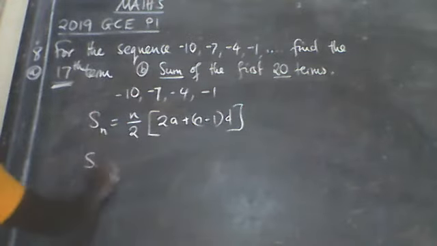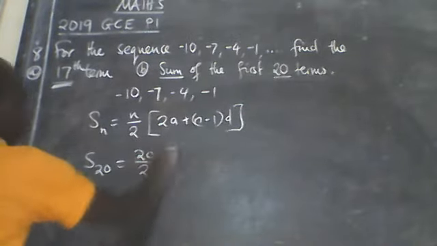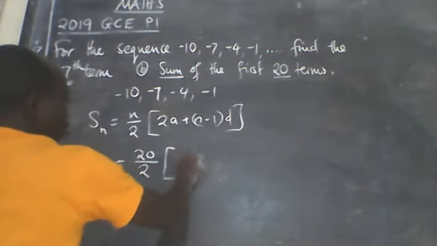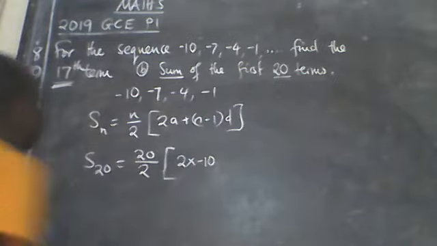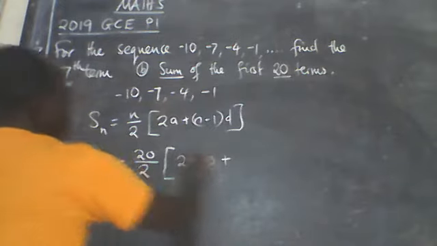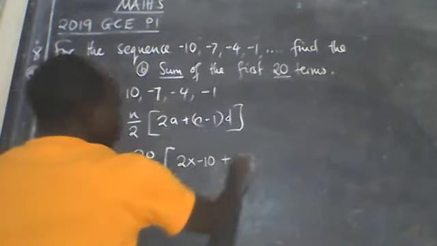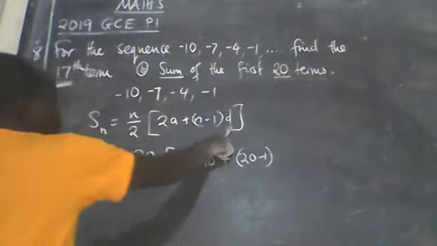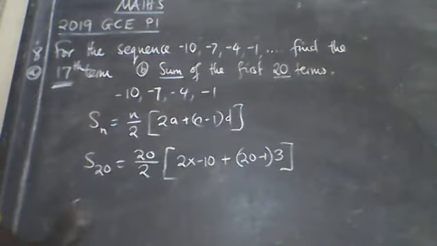So we say sum of 20 is equal to 20 over 2, and then 2 multiplied by a, the first term, negative 10, then plus 20 minus 1 in brackets, times the common difference. What did we get? 3. Then we carry on with our calculations.